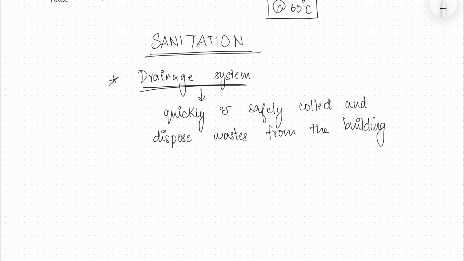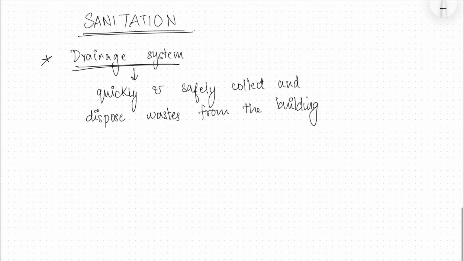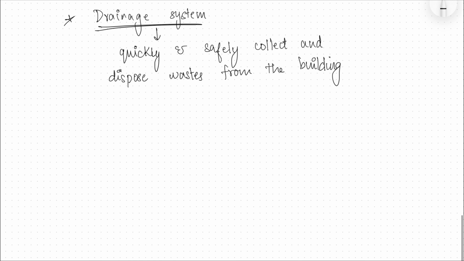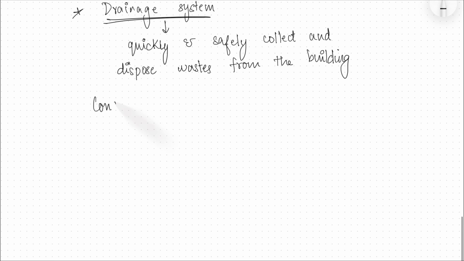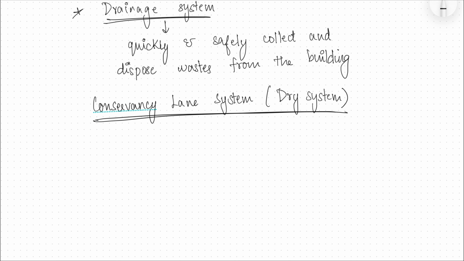And earlier there used to be a type of drainage system called the Conservancy lane system, or it's also called the dry system, where your garbage, your waste and everything, along with your night soil, which is your human excreta, right?